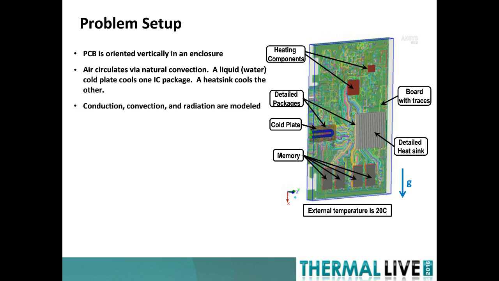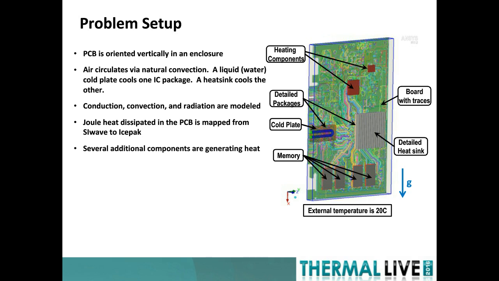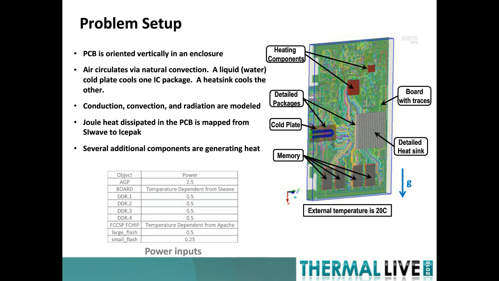All three modes of heat transfer are modeled, and the Joule heat dissipated in the board is mapped from SI Wave into IcePack. Additionally, in the sample case, there are several additional components that are generating heat, and those are listed here. So this is the problem setup for this sample case.